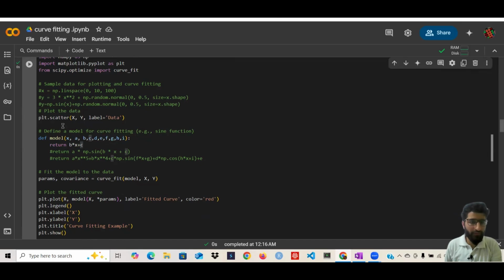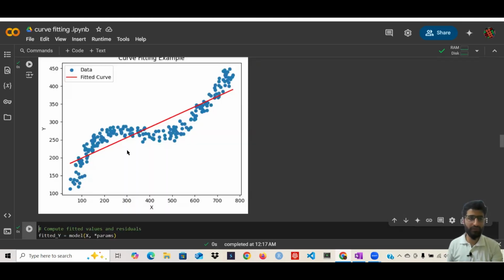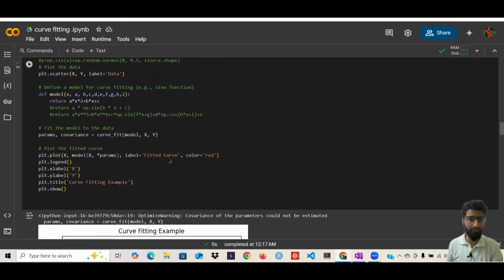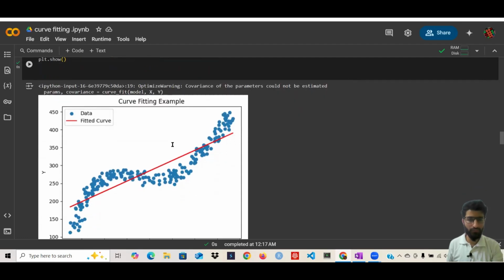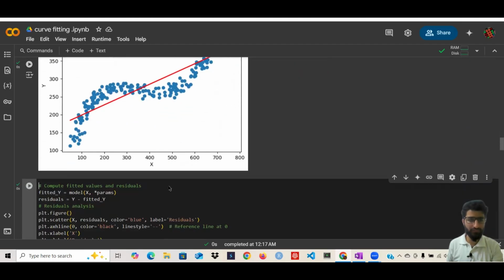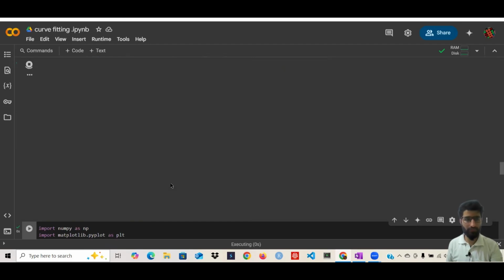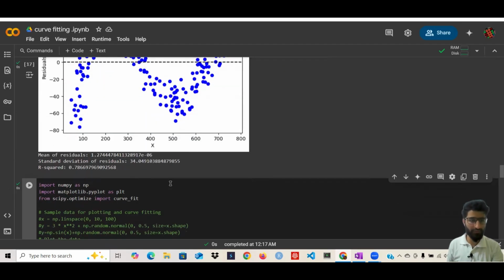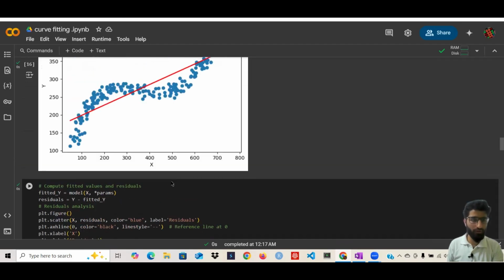So I'm defining my model here, you can change your model. Now I will be defining a model of order 2, which means a quadratic model. Now let's try to do the curve fitting. So this is my curve fitting with respect to the second model.